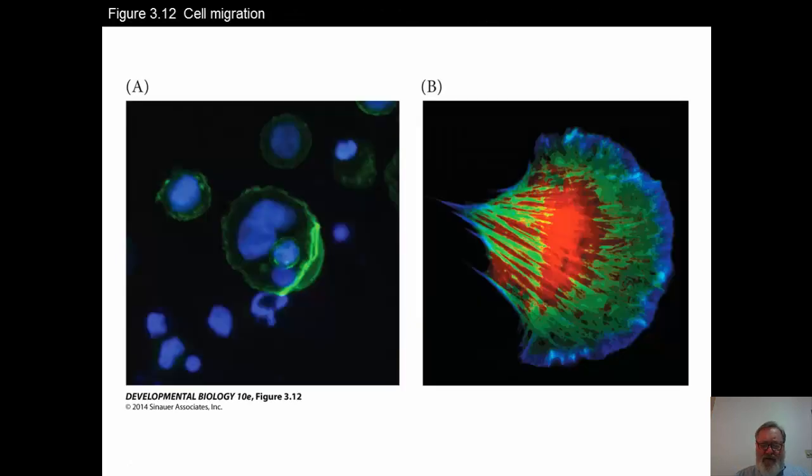The other thing that I wanted to mention relative to the cadherins is cell migration. I mentioned that, certainly we have to have differentiation, but we also have to get cells to the right place. And so the cadherins help to do that. They help cells adhere together, but they also stimulate the formation of actin filaments so that these cells can move along extracellular matrix channels and end up where they're supposed to be.